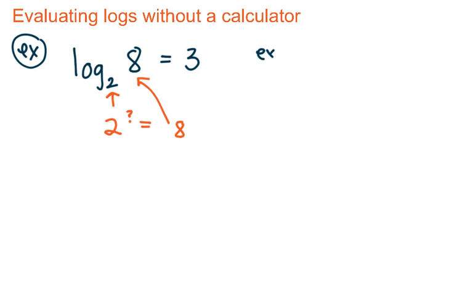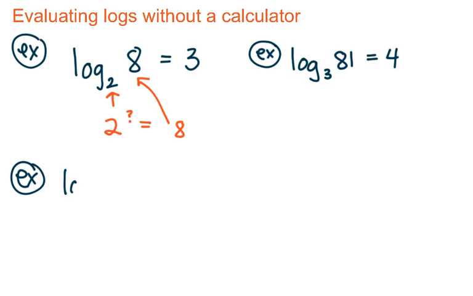Let's try that again. So let's do log base 3 of 81. So 3 to what power equals 81? We get 4. How about log base 5 of 25?